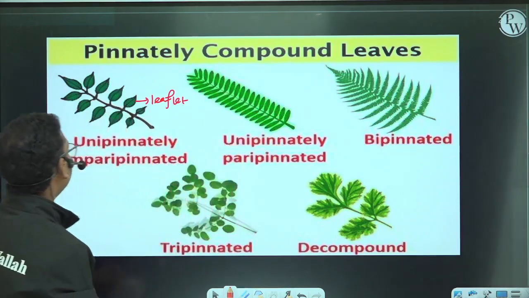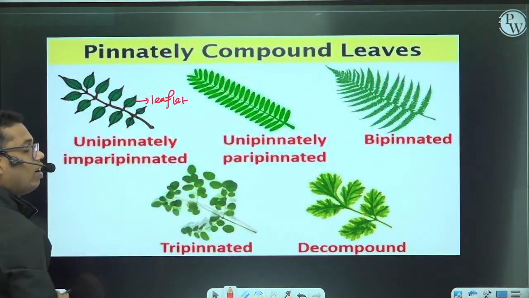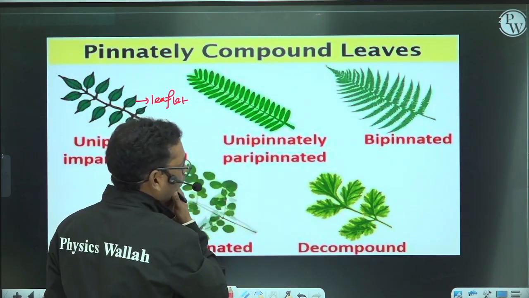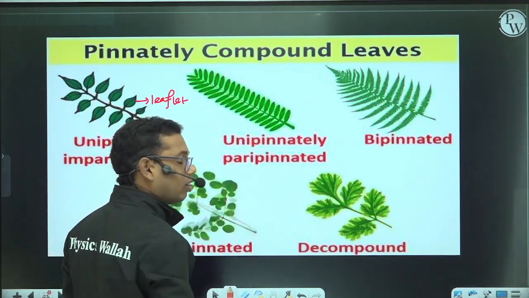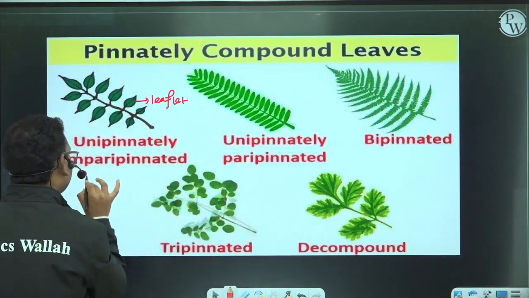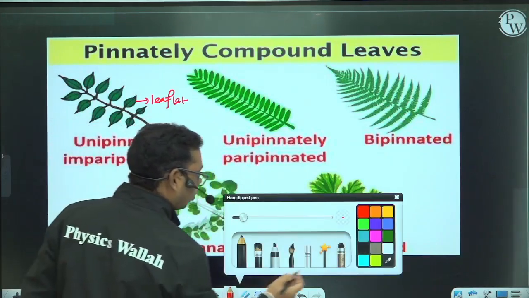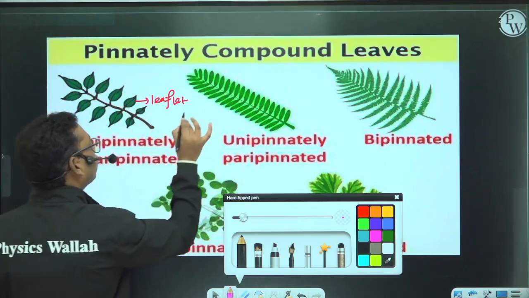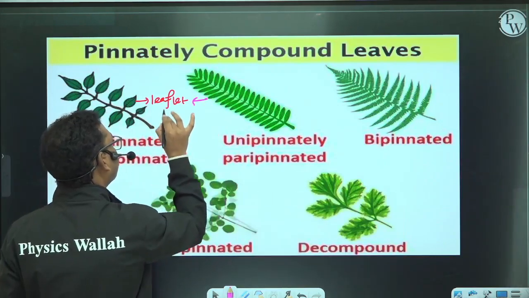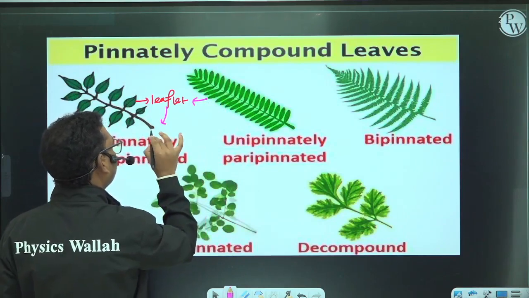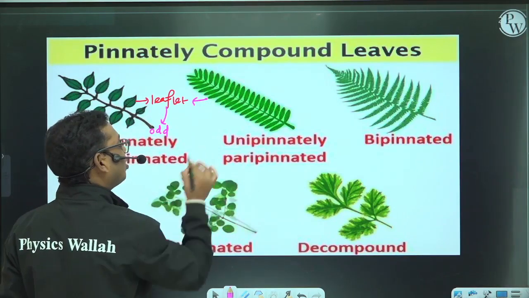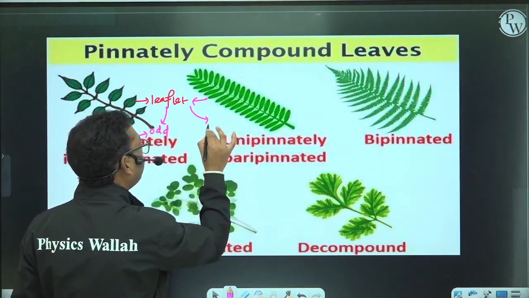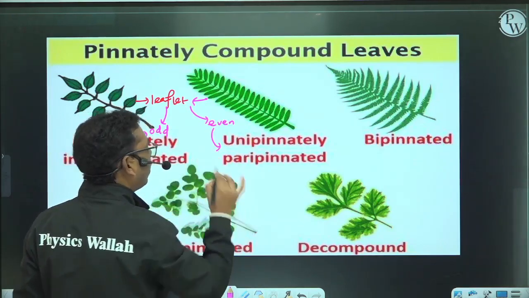So if an odd number of leaflets are present, we call that imparipinnate, and if an even number of leaflets are present, that is called paripinnate. So in this case, the number of leaflets is odd, and in this case the number of leaflets is even, in case of paripinnate.